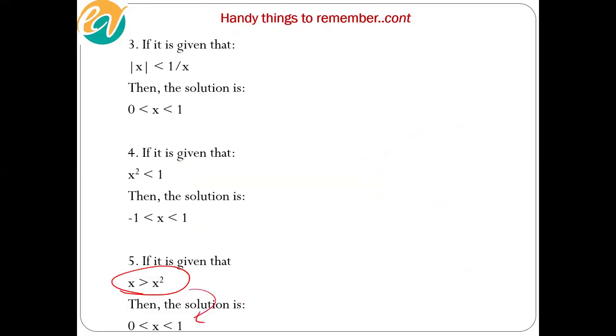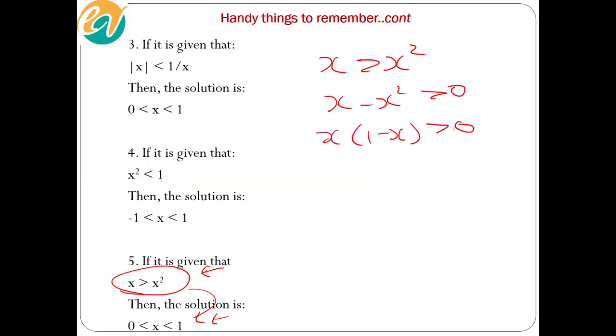Okay, now if it is given that x is greater than x square, then the solution to this is again x is between 0 and 1. So since this pattern is so common, you would be better off memorizing this. Otherwise, you can obviously do it algebraically as well. x is greater than x square means what? x minus x square is greater than 0. x into 1 minus x is greater than 0. Now what do we have, guys? Product of two expressions is positive.